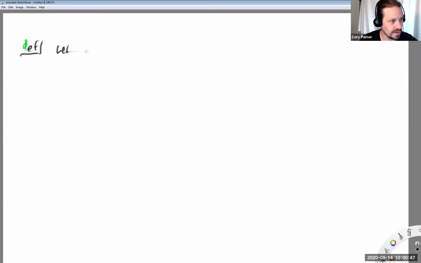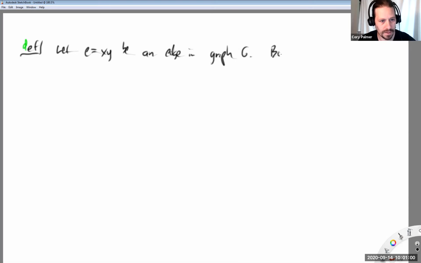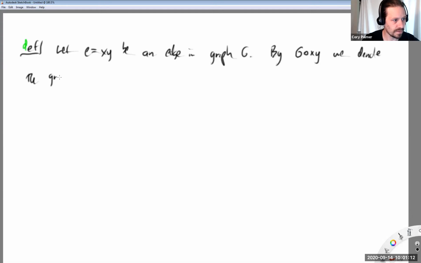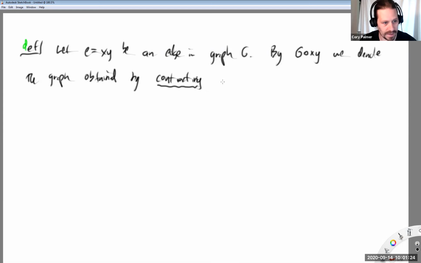So let e, with x, y the end vertices of e, be an edge in graph G, and we'll denote it as follows: G with a little circle, xy, we denote the graph obtained by contracting the edge e into a new vertex.